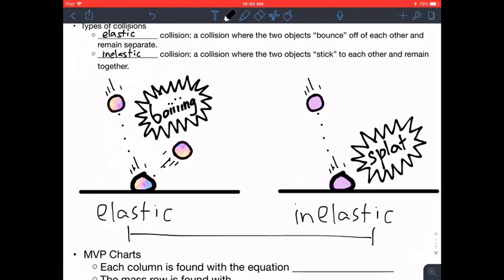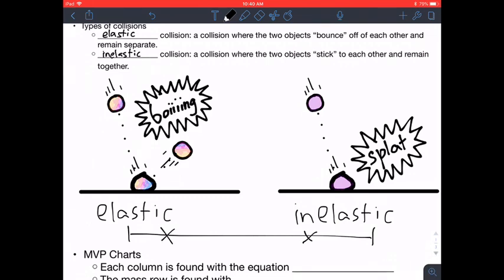Now, in the real world, this is actually a spectrum. All collisions involve a little bit of bounce and a little bit of splat. So if you have the crash between two cars, it is mostly inelastic, but the cars don't actually stick together. They kind of bounce off of each other a little bit. Whereas if you have a foot hitting a soccer ball, that is mostly elastic.